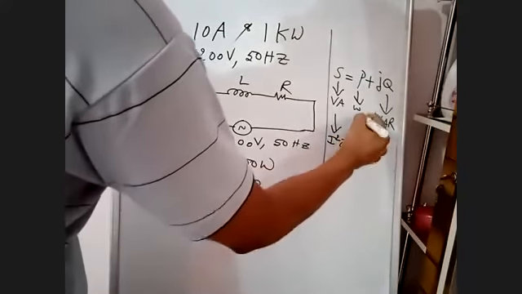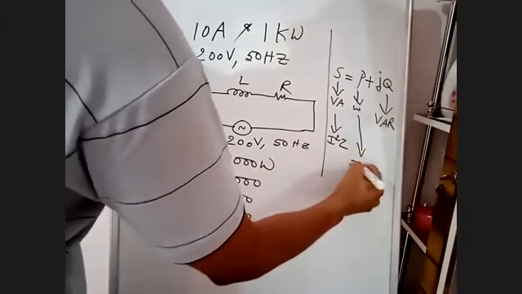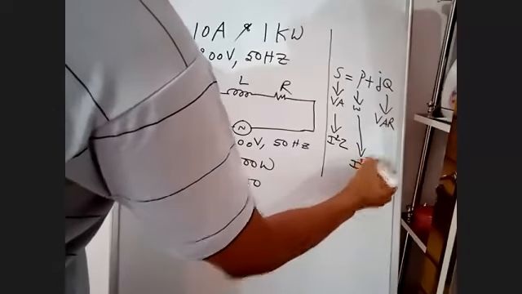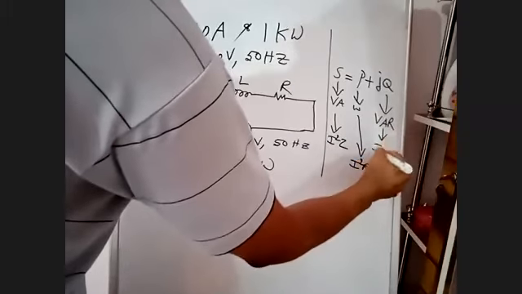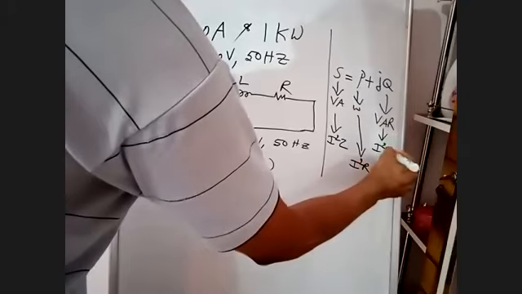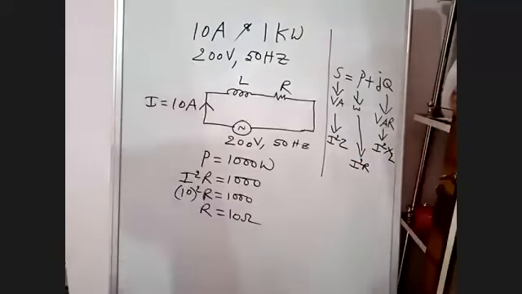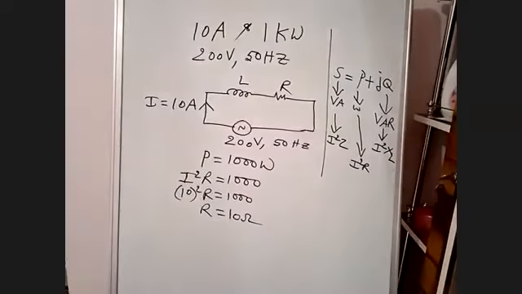I square Z. Formula for P is I square R. Formula for Q is I square XL. Is it okay? We have derived this in the formula system.